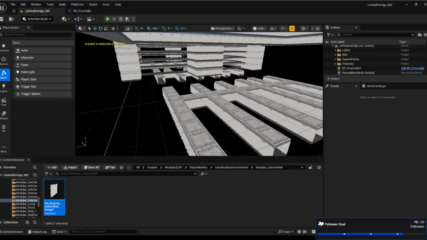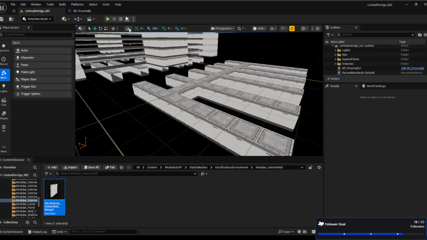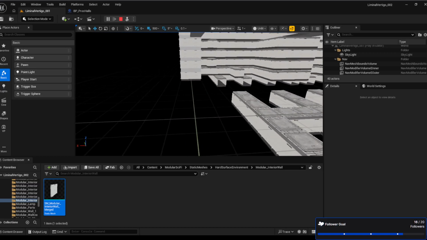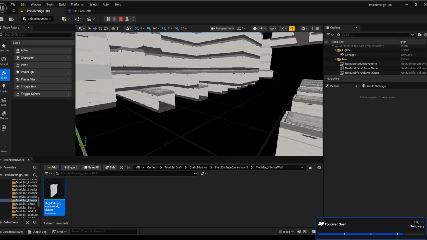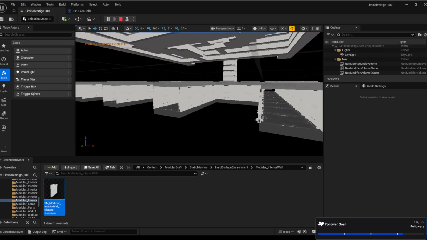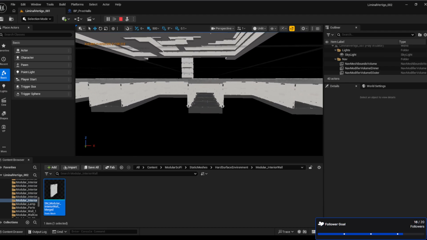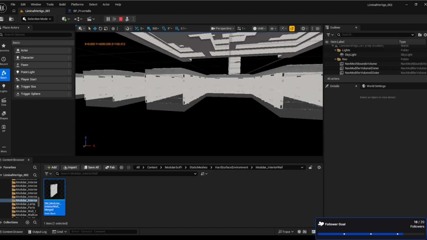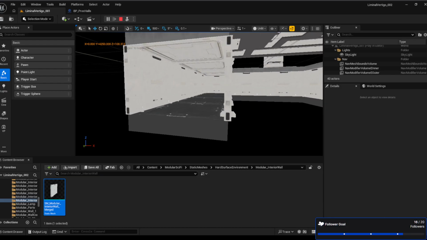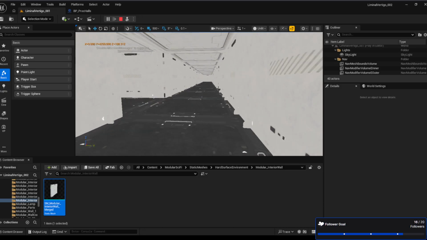Alright, so let's see. What do we get when we test? Whoops, it didn't place the rooms. Anyways, let's look at the, interesting.